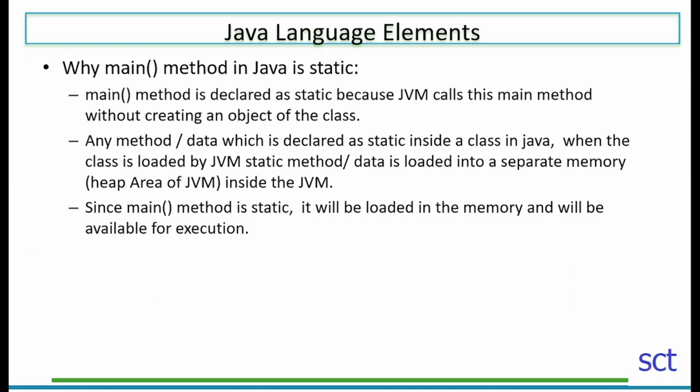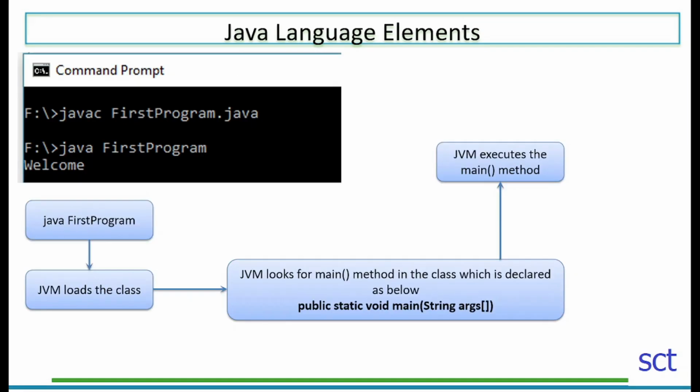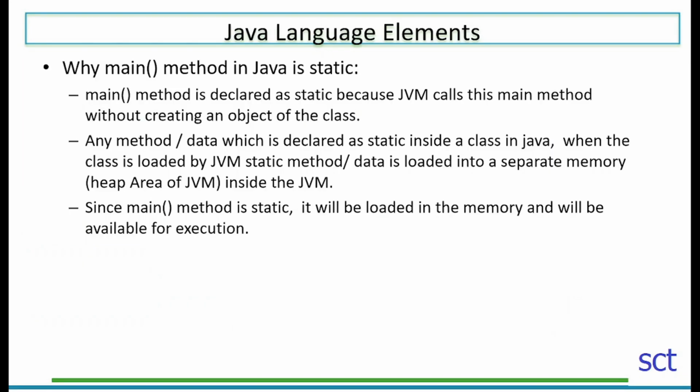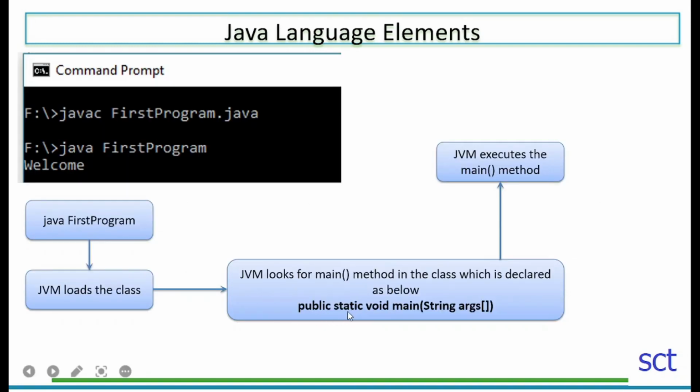Now we'll analyze why this main method has to be declared as public static void main, String args. First, let us analyze why the static keyword is used here.